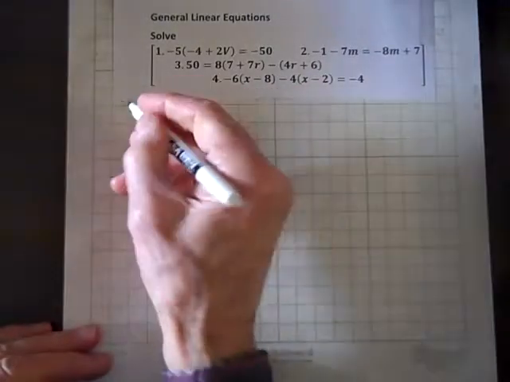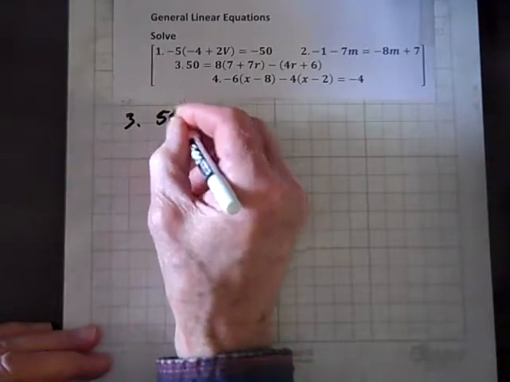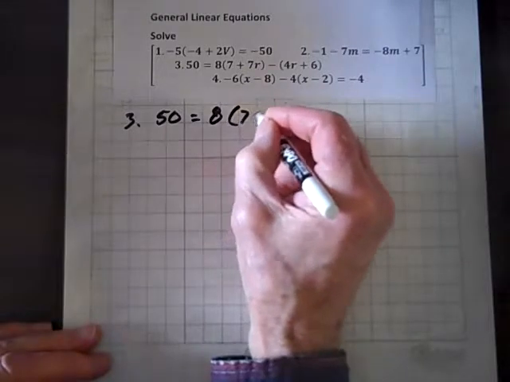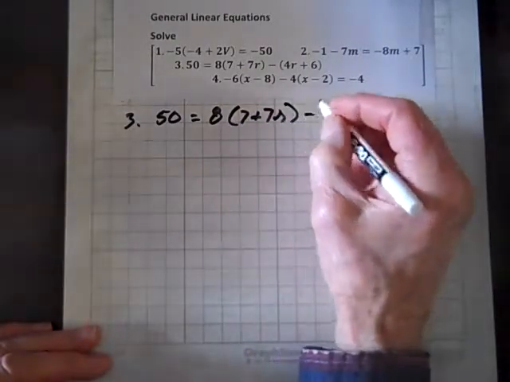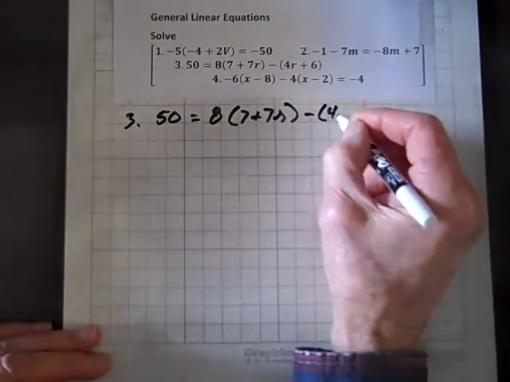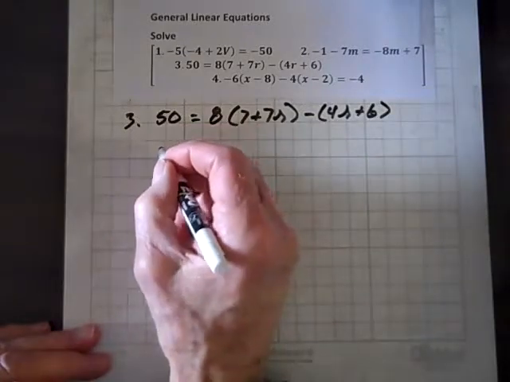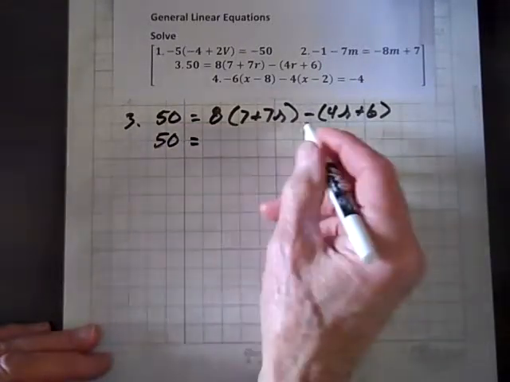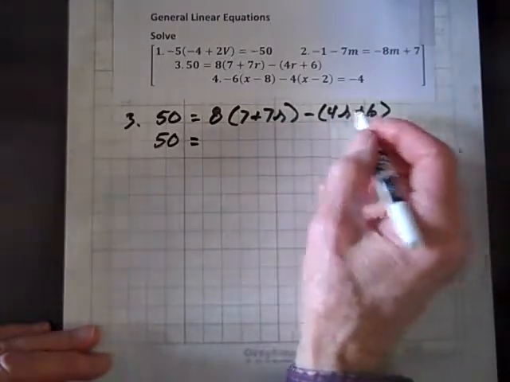So we have number 3, and that's 50 equals 8 times 7 plus 7r minus 4r plus 6. And now we'll distribute that 8, and we'll distribute the -1 over here.